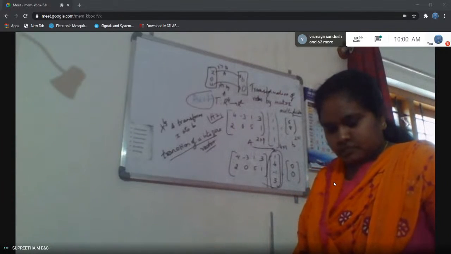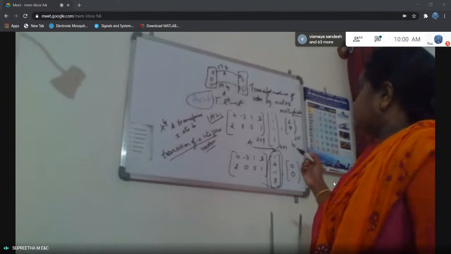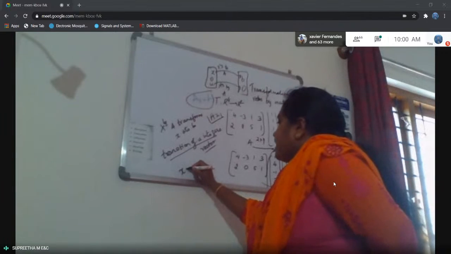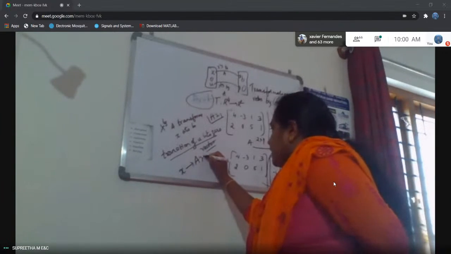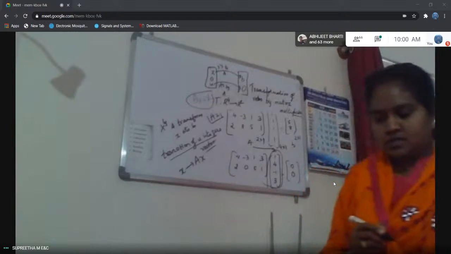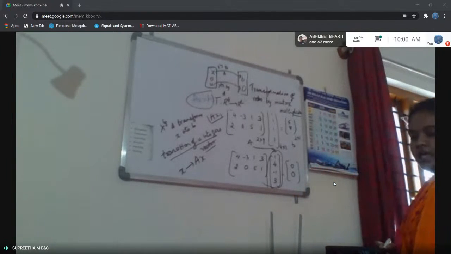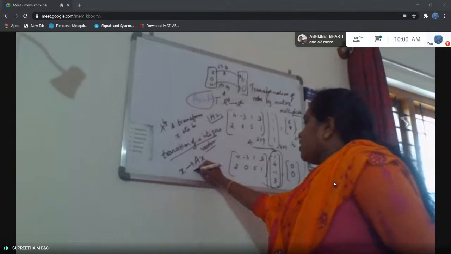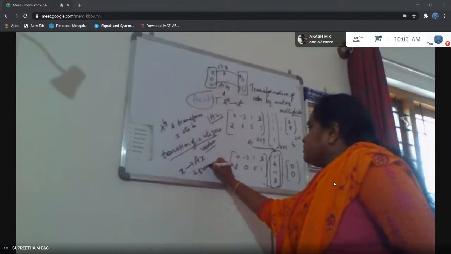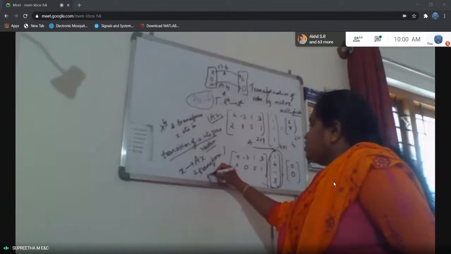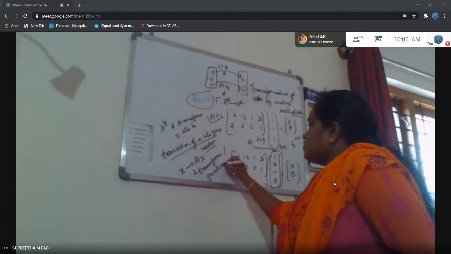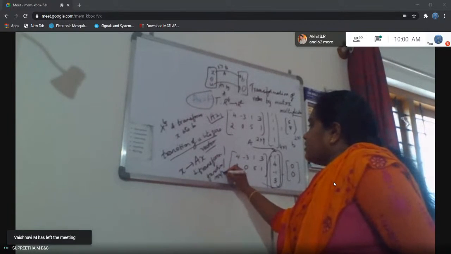Now, I can say I'm transforming my x into Ax. From x to Ax, either I call it a transform, a function, or a mapping.